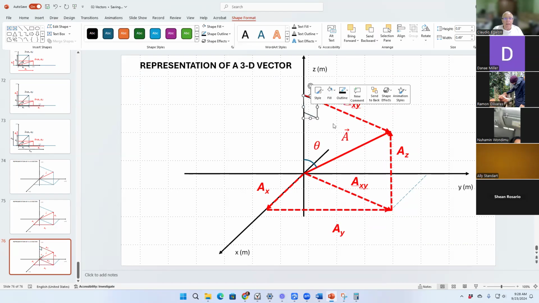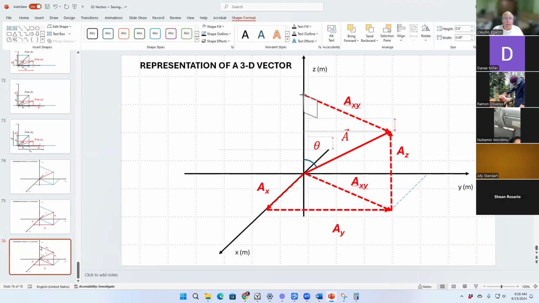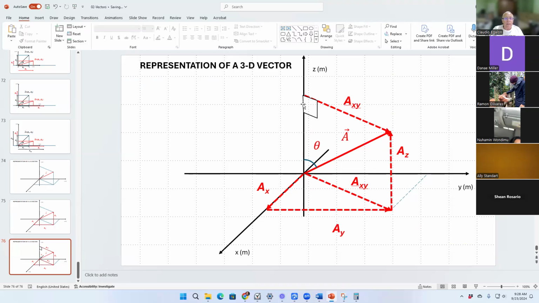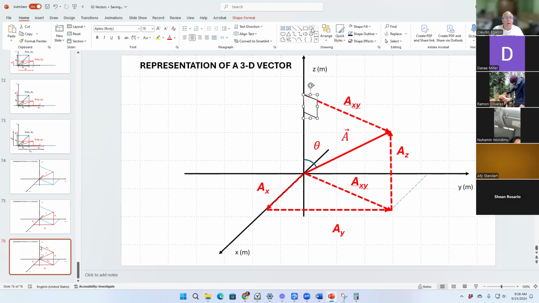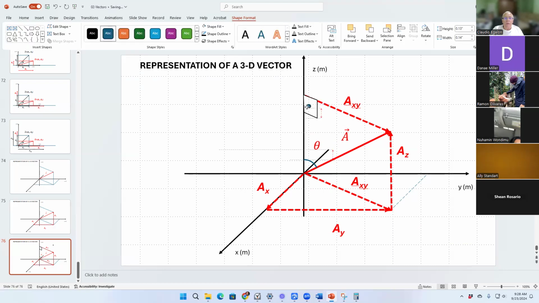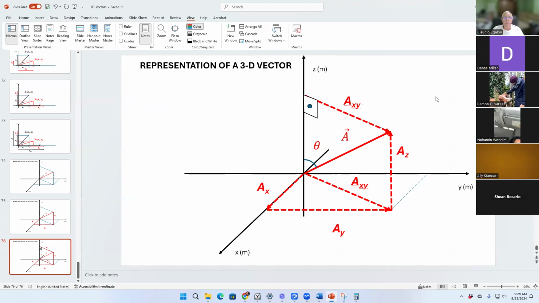Outline is going to be black. That's not a very good square here, but hopefully you believe me. And then I'm going to put a little dot there. Make it look nicer. Right angle triangle.